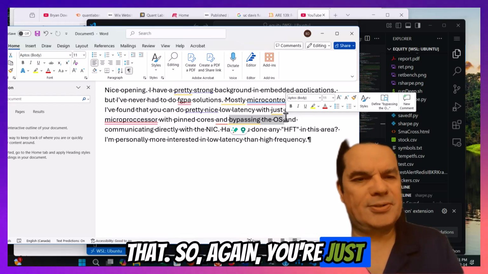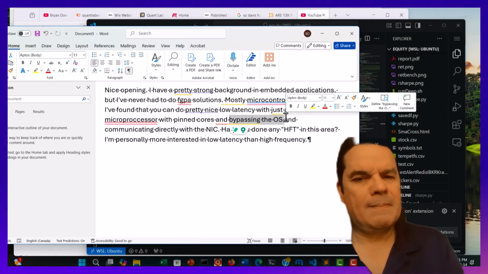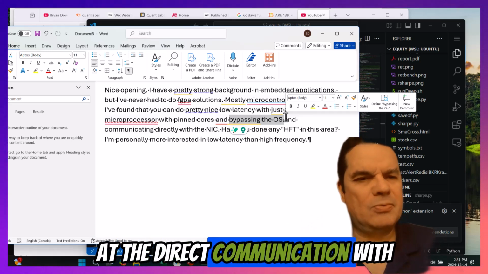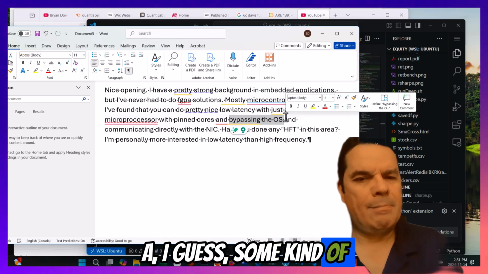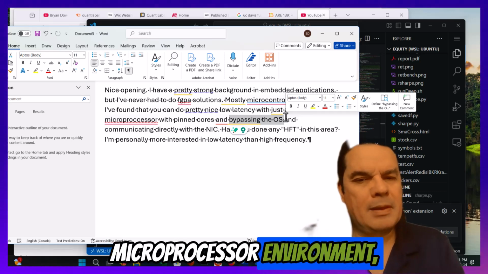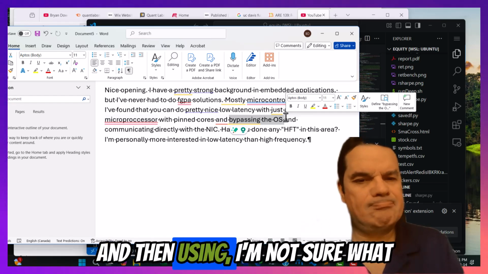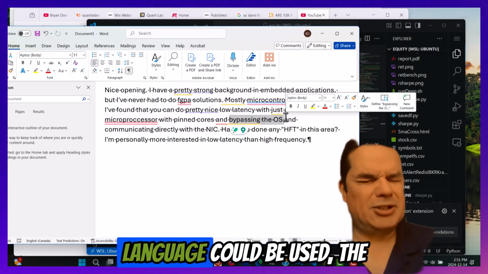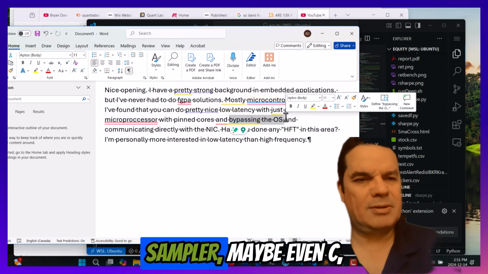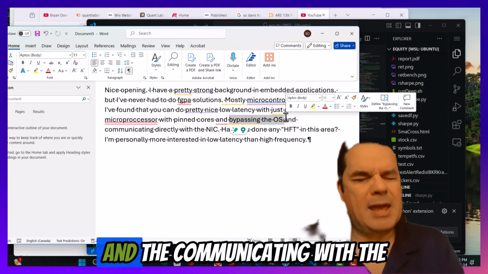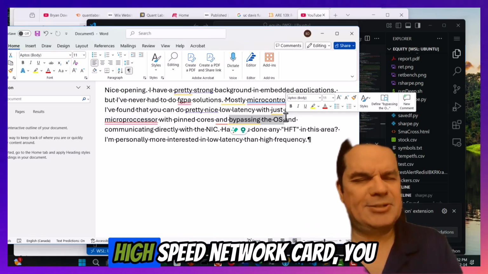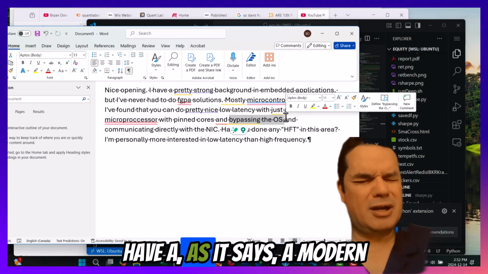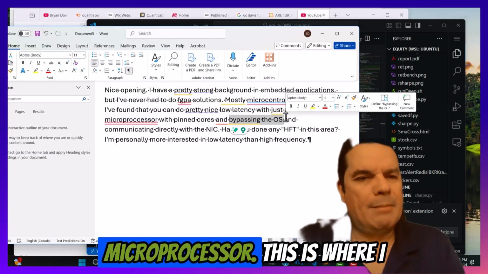So you're just looking at direct communication with some kind of microprocessor environment, and then using, I'm not sure what language could be used, assembler, maybe even C, and communicating with the network card. You have a high-speed network card and, as it says, a modern microprocessor.